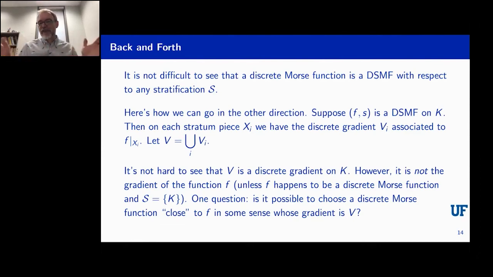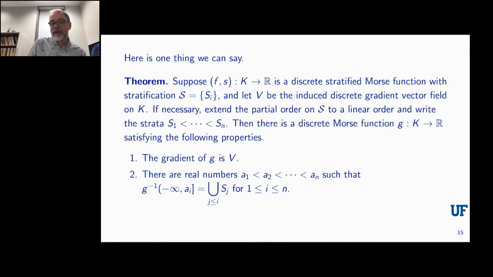So it is a discrete gradient, but it's really not got much to do with the function f. So you might ask, can you choose a discrete Morse function that's close to f that gives you this gradient? I mean, you can certainly choose a discrete Morse function whose gradient is this. That's not hard to see at all. You hand me a gradient, there are infinitely many functions that are attached to it.